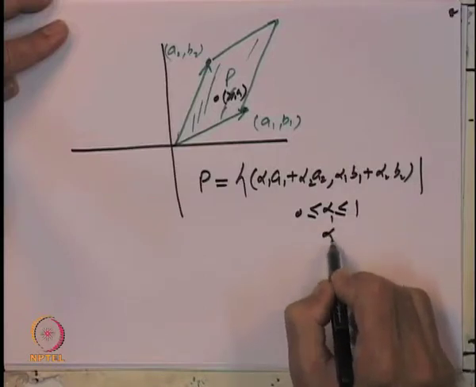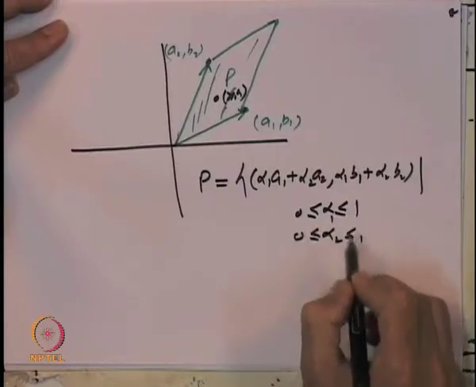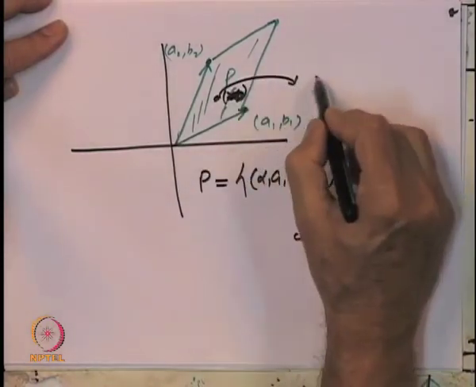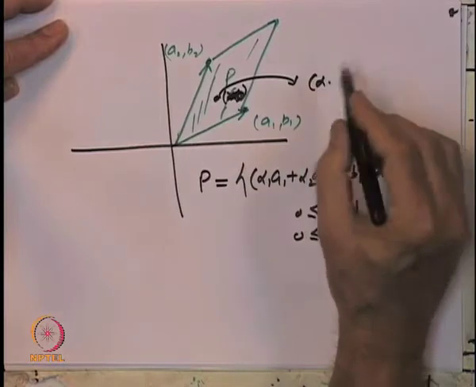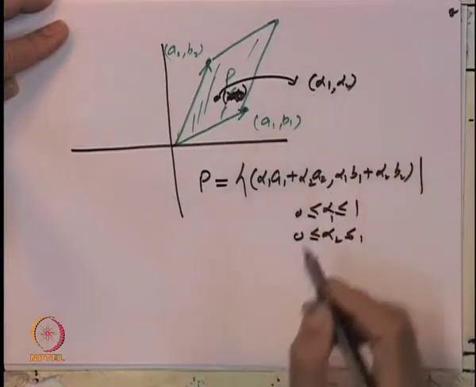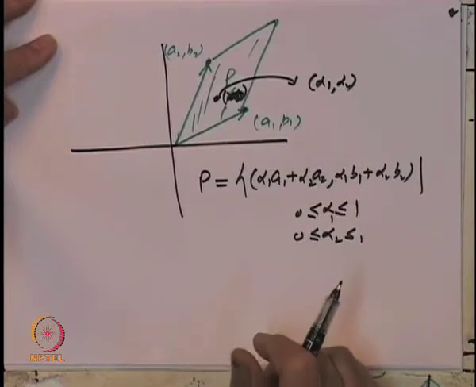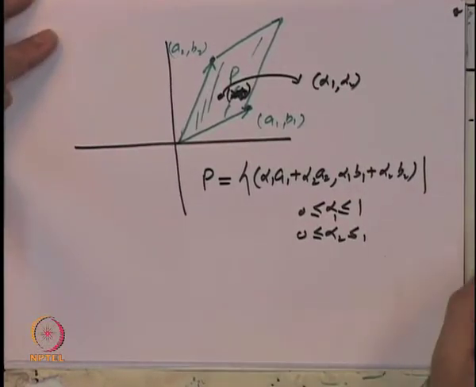So, alpha 1 alpha 2 between 0 and 1. So, this is the point with components alpha 1 and alpha 2. So, this is what the parallelogram is.